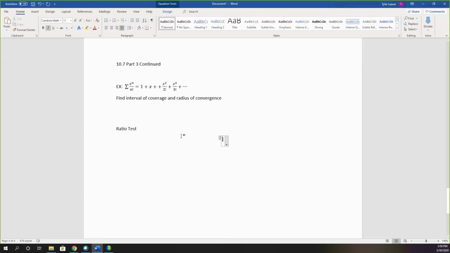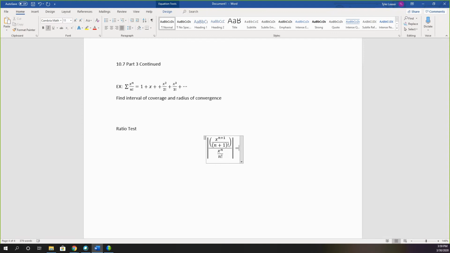With the ratio test, you're taking the absolute value. So it's the absolute value of the n plus 1 term, which is x to the n plus 1 divided by n plus 1 factorial. That thing is divided by the nth term, x to the n divided by n factorial.